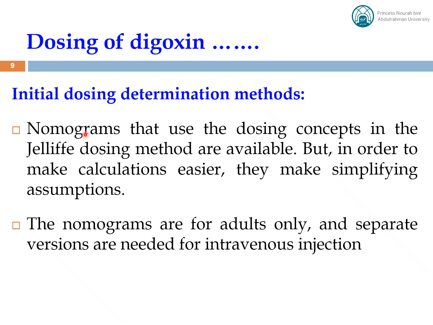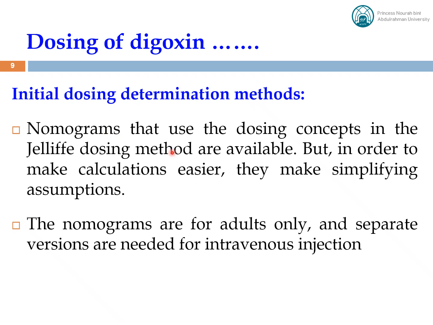So nomograms that use the dosing concept in the GLF dosing method are available. We have ready nomograms depending on the GLF dosing method to calculate the appropriate digoxin dose for different patients with different disease states and conditions.